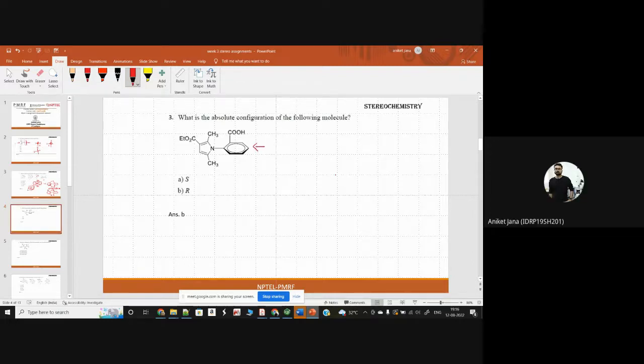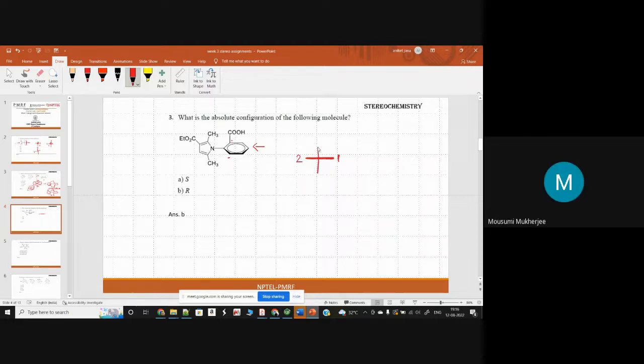Okay, if we determine from this one, which one is the highest priority, this one or this one? The one with the fluorine. Carbonyl carbon on both, highest priority. Okay, that is the right side.